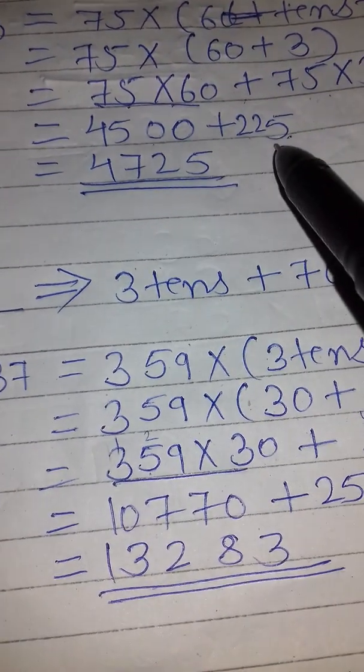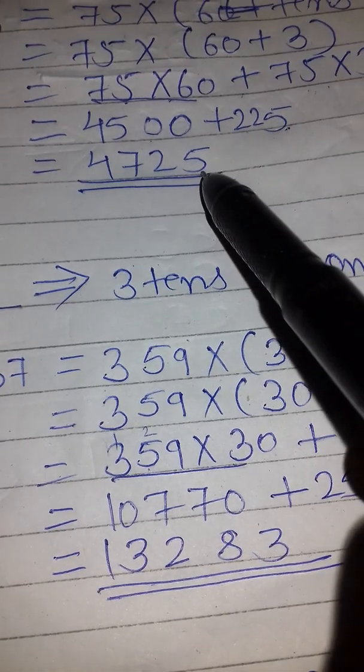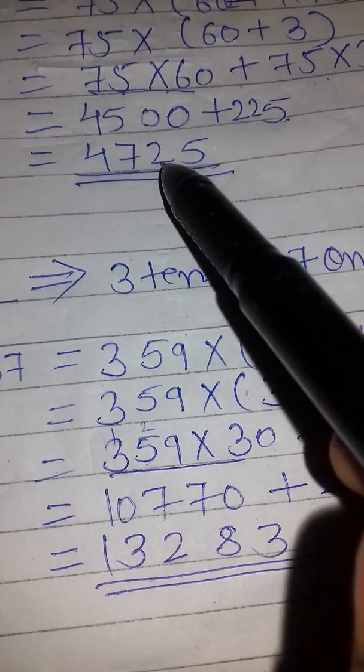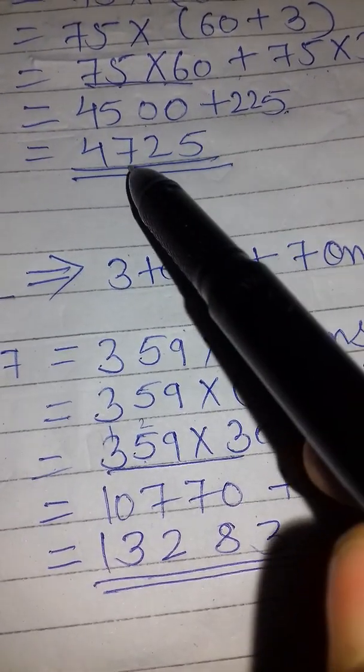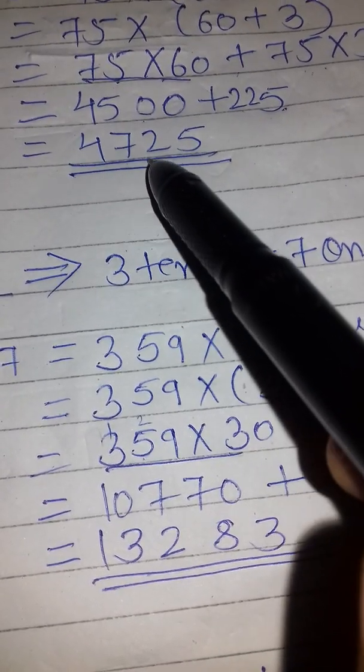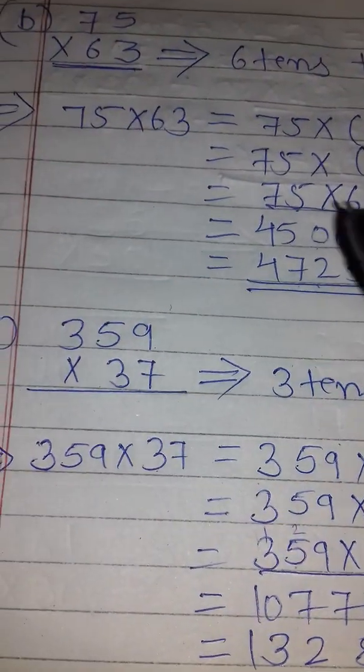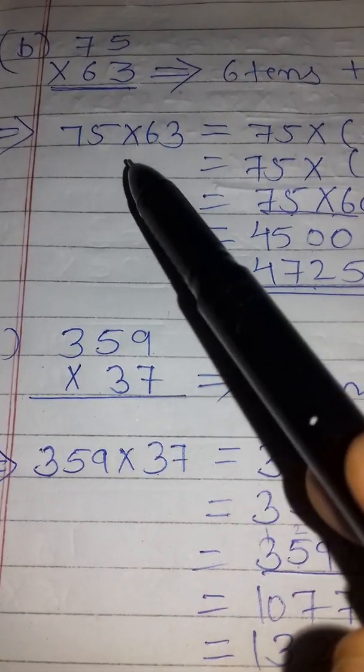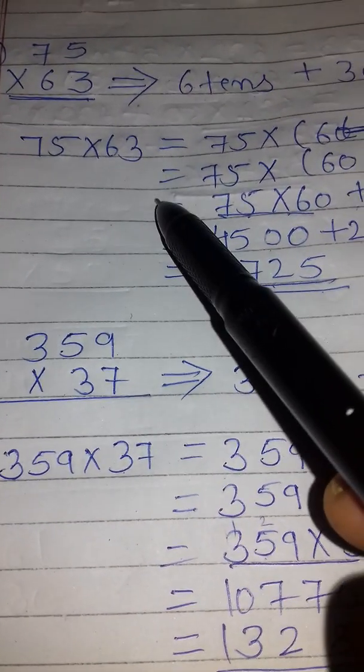If we add these two numbers, 0 plus 5 is 5, 0 plus 2 is 2, 5 plus 2 is 7 and this 4 as it is. So 4725 is the product for 75 into 63.